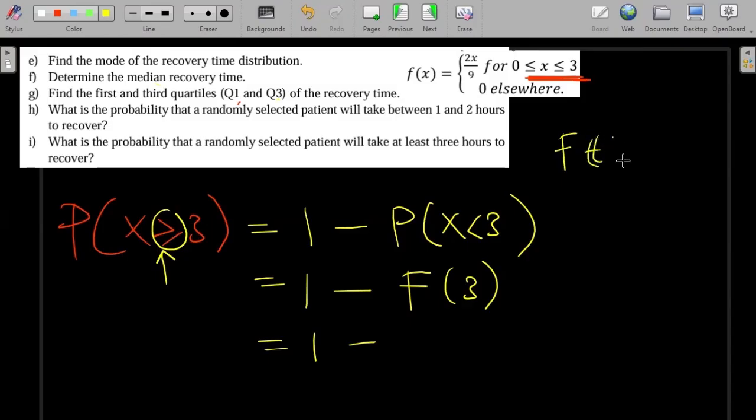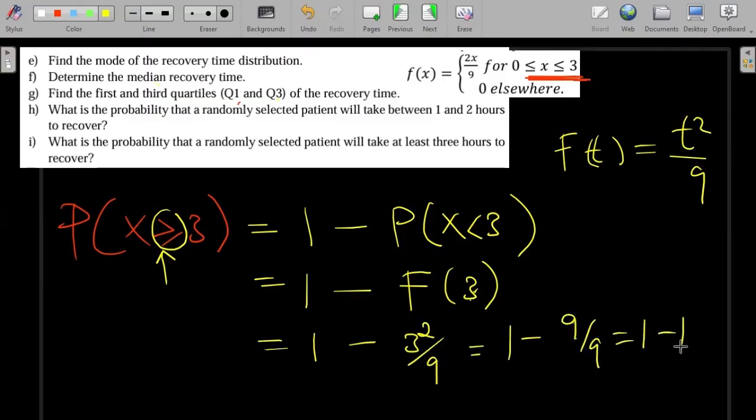So this here will be 1 minus, what was our F function? So our CDF was t squared over 9. So where there's t now, I'm putting 3. So it will be 3 squared over 9. So this will be 1 minus 9 over 9, which is 1 minus 1, which is just 0. Okay, so the probability that the patient will take at least 3 hours to recover is just 0.